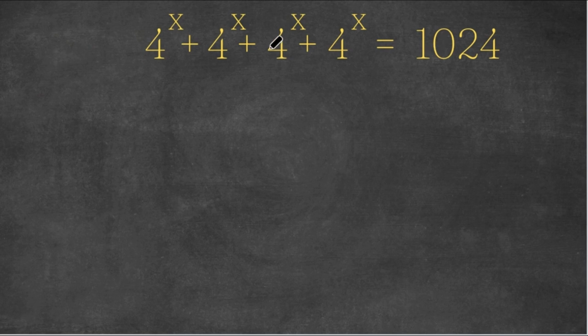So what I'm first going to do is factor out 4 to the power of x from the left-hand side of the equation. So if I factor out 4 to the power of x, 4 to the power of x divided by 4 to the power of x is 1. And I'm going to do the same thing with the rest of the terms.